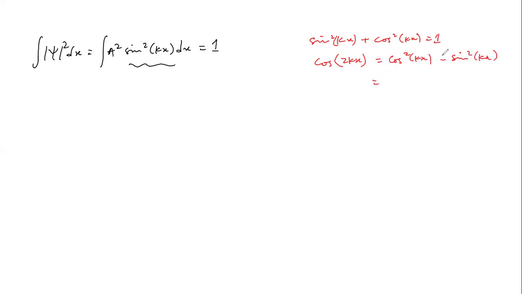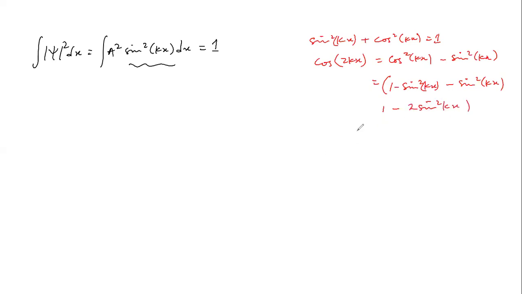Rearranging, cos squared kx is 1 minus sine squared kx, so cos 2kx is 1 minus 2 sine squared kx.